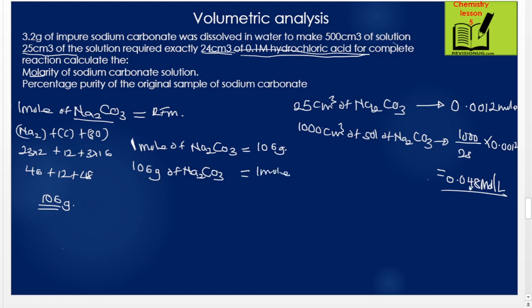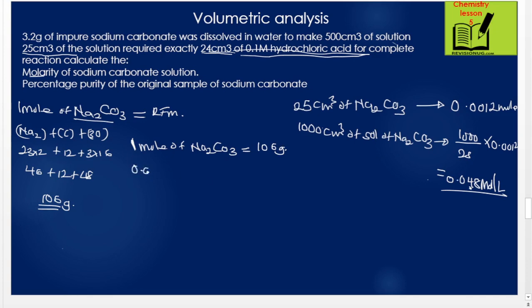Then how about these moles that reacted completely with the HCl? Let me not waste time, let me rub this one. So 1 mole gives us this. Then how about this one?